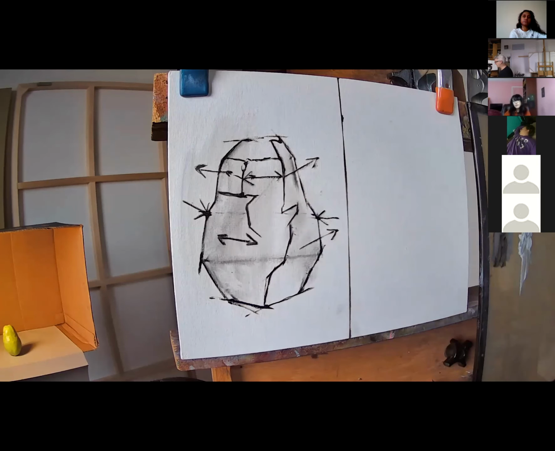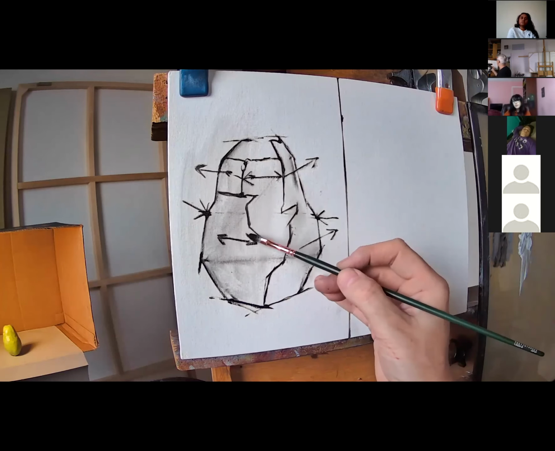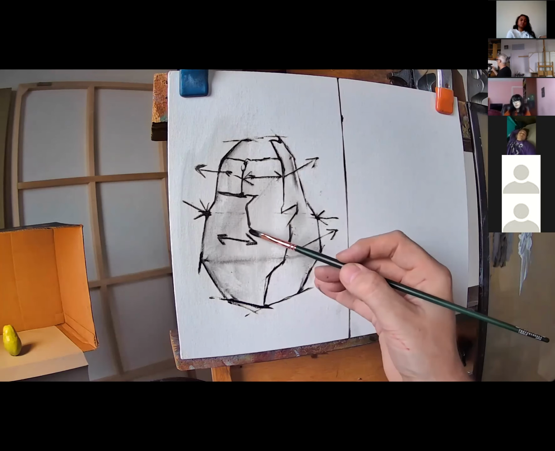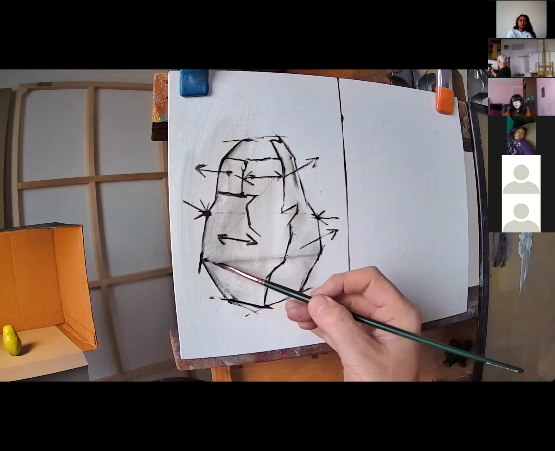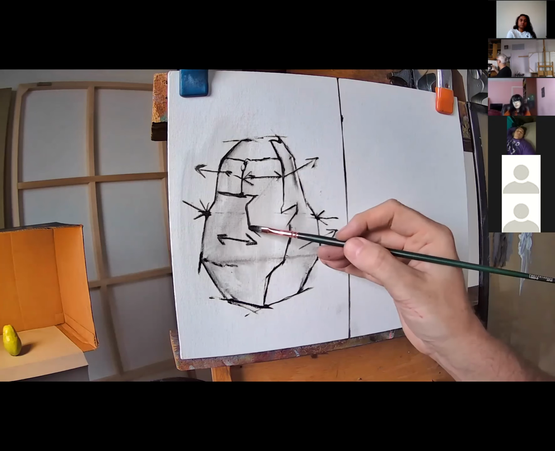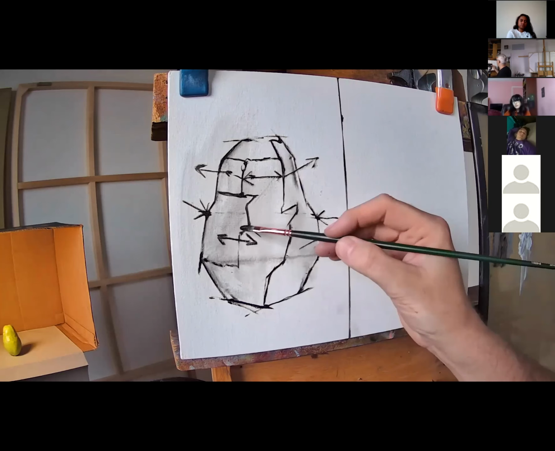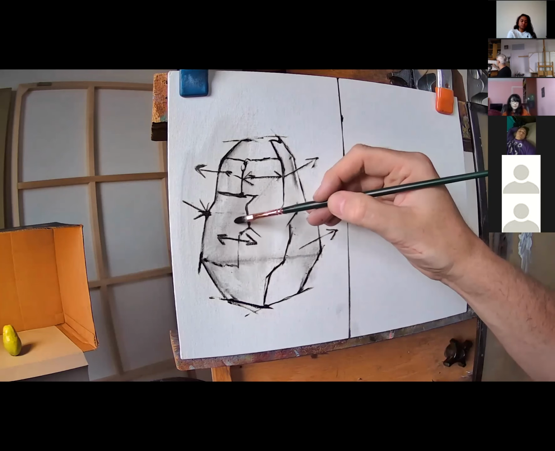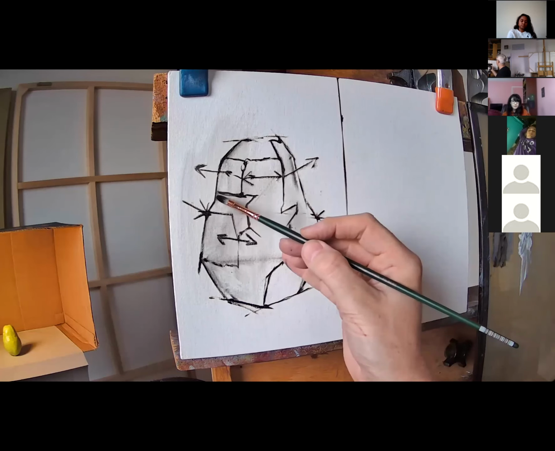Now these planes, unlike, say, the cube or the dodecahedron, are irregular and somewhat organic. Nevertheless, we can still read them, I think, as relatively clear planar divisions on this object. So now I'm seeing a series of planes that do something like this.